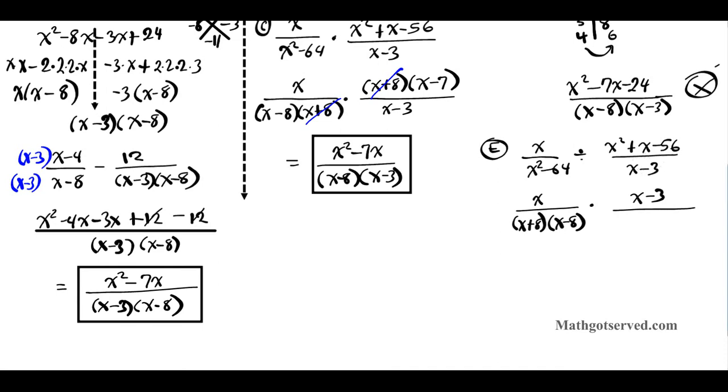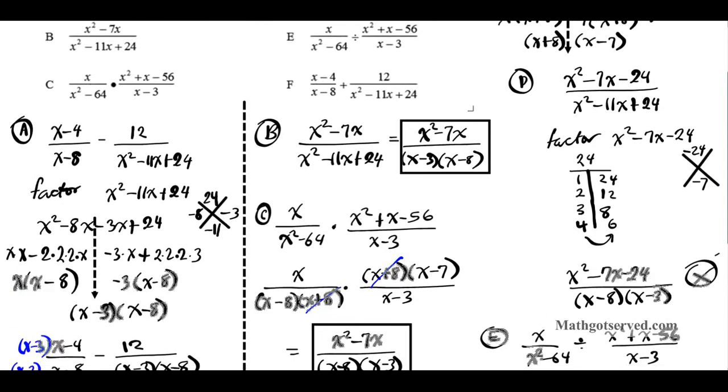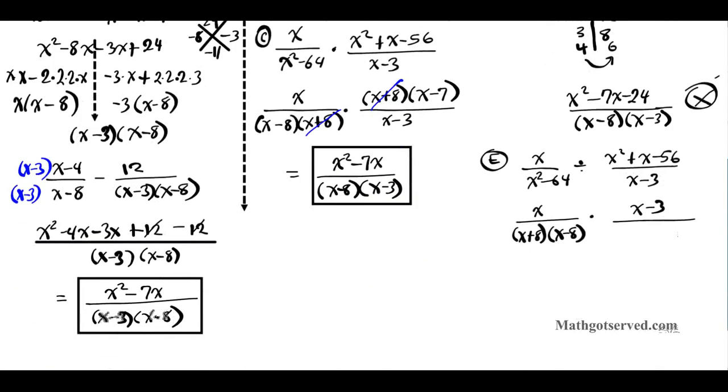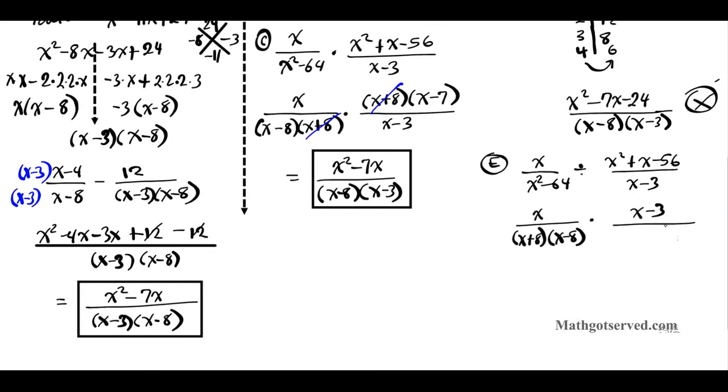If we factor this, we already know what the factored form is. Let's see, what was it? We did that in part C. It is x plus 8 times x minus 7. So it's x plus 8 times x minus 7. All right. And let's see, do we have anything canceling out here for option E? The answer is no. So our answer for E is going to be x times x.